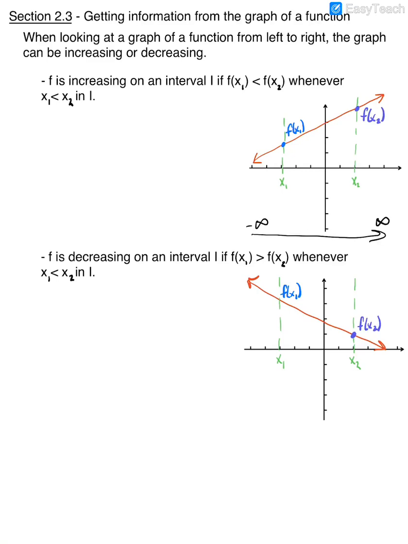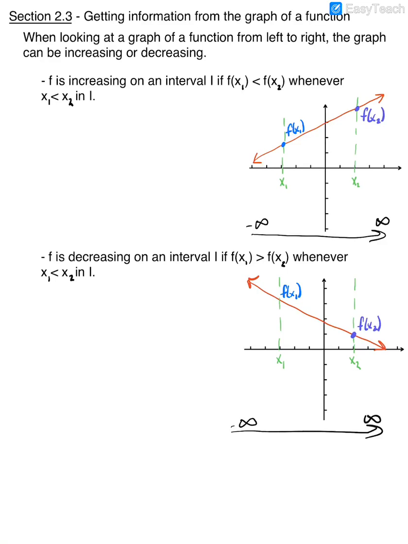So when the first y value is smaller than the second y value, then you are increasing. But on the flip side, if your y value is greater for a smaller x, as you go to the right from negative infinity to positive infinity, then you're decreasing.